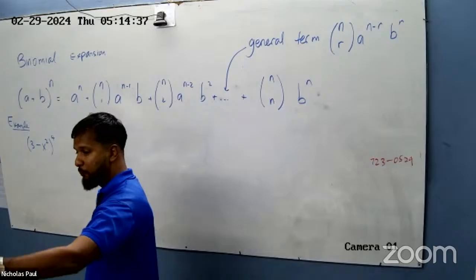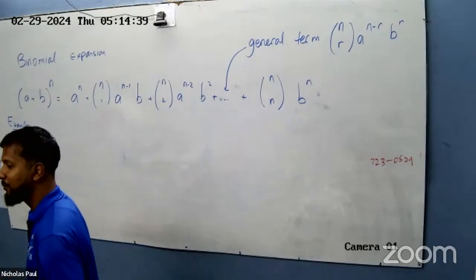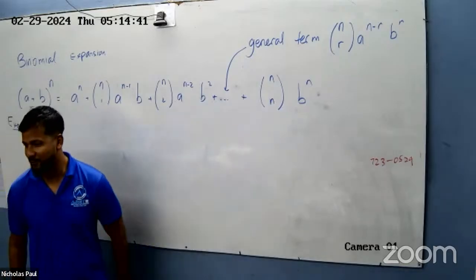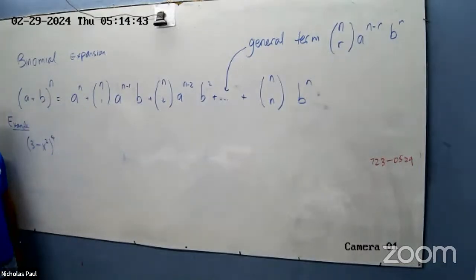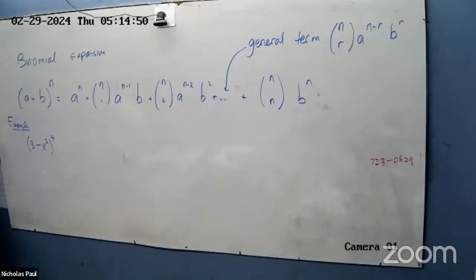So how is it applied? A is 3, B is minus x squared, n is 4. We just go and plug this in here.